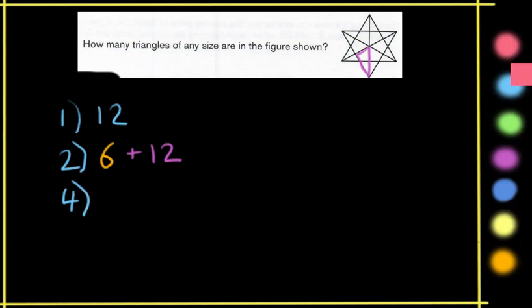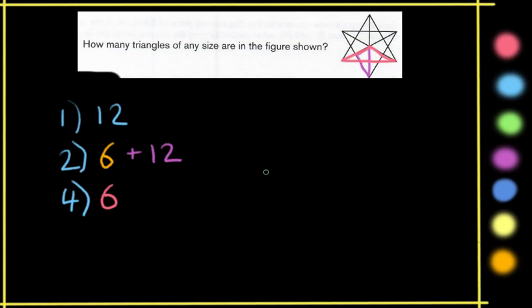So let's see. Yes, we can. So for example, these 4 cells here would form a triangle, and there are 2 others that make this big triangle, so that would give us 3, and then there's 3 more from this other triangle, so that would give us 6 that are shaped like that.